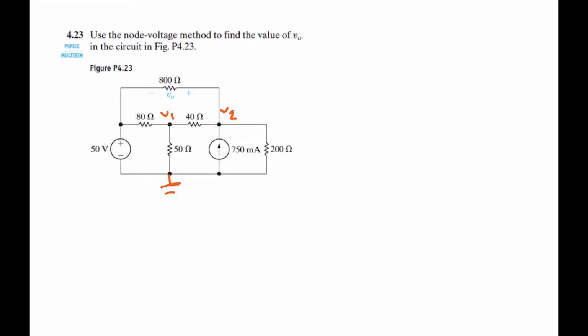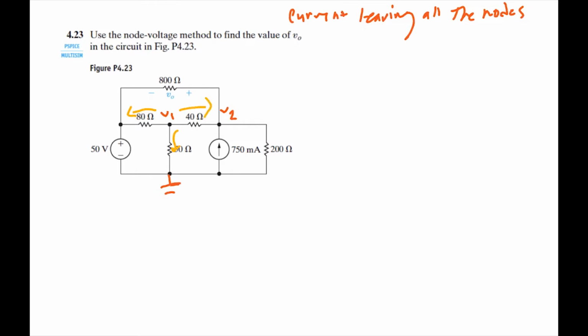Right. So we're going to assume the same thing: current is going to be leaving all the nodes. If we assume that, then we have current leaving this way, current going this way, and current going this way.